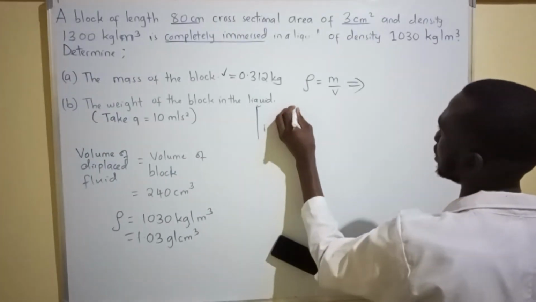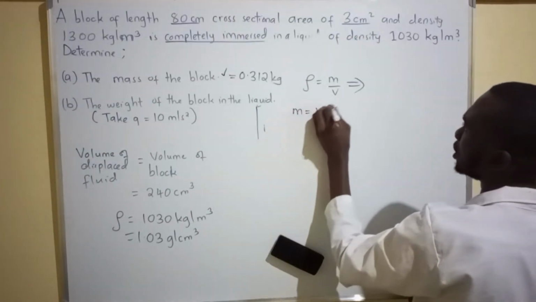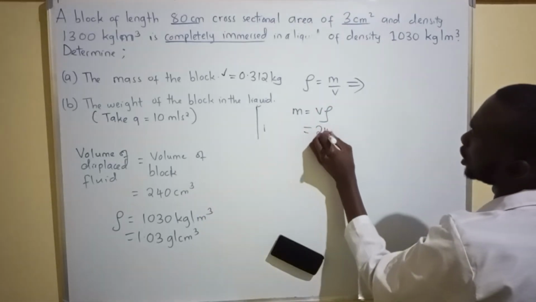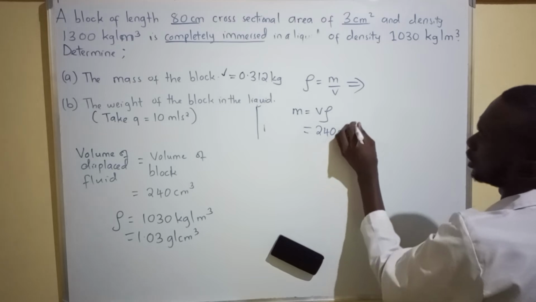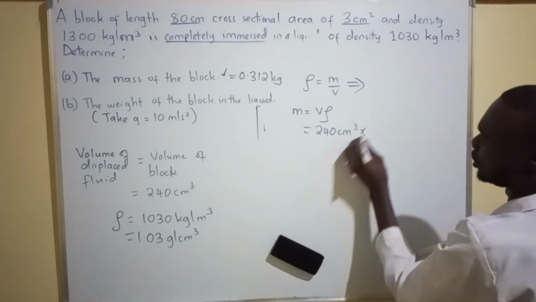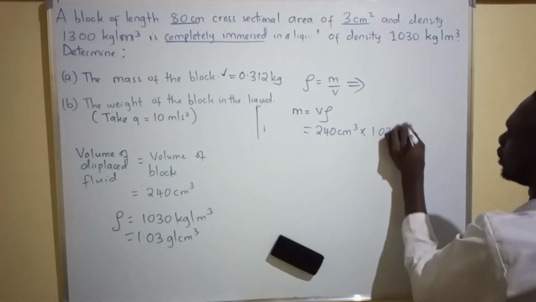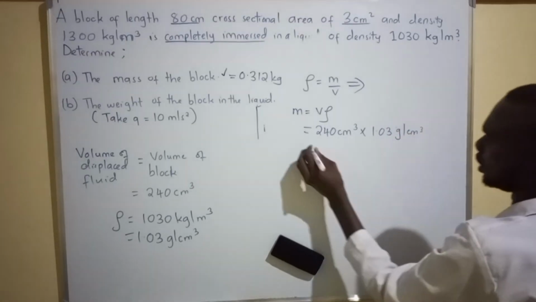So mass is equal to volume times density. This is the same as 240 centimeter cube times the density, which is 1.03 grams per cubic centimeter.